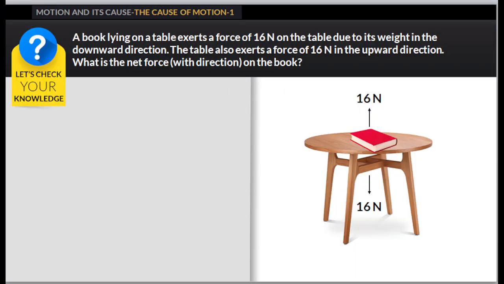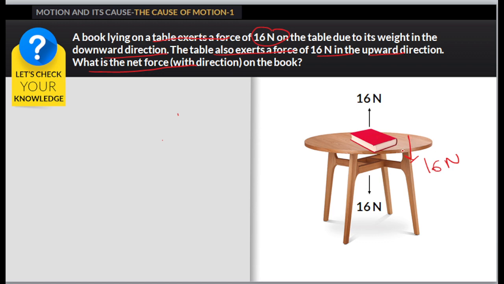Now there is a question: a book is lying on a table, and exerts a force of 16 Newton on the table due to its weight in the downward direction. The table also exerts a force of 16 Newton in the upward direction. What is the net force? So this is a book, and it is applying a force on the table by its weight in the downward direction, that is 16 Newton.